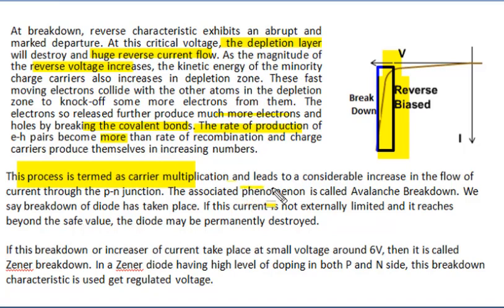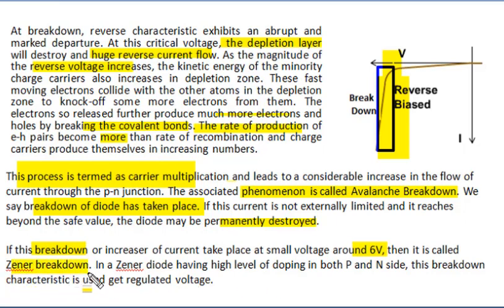This phenomenon is known as avalanche breakdown, and we say that the breakdown of the diode has taken place. If this current is not externally limited, then it will reach beyond the safe value and the diode may be permanently destroyed. If this breakdown or increase in current takes place at a very small value, around 6 volts, then we say that it's a Zener breakdown.